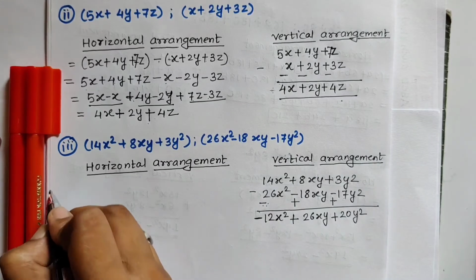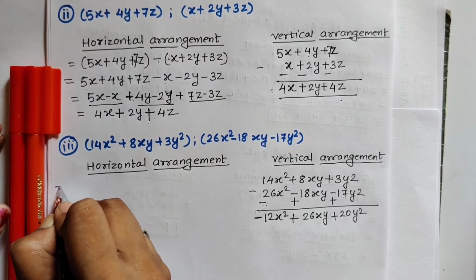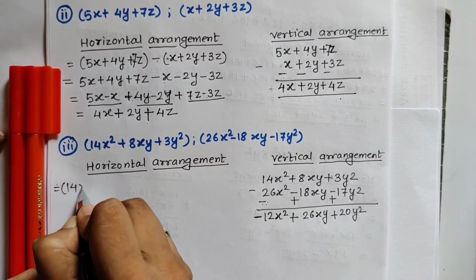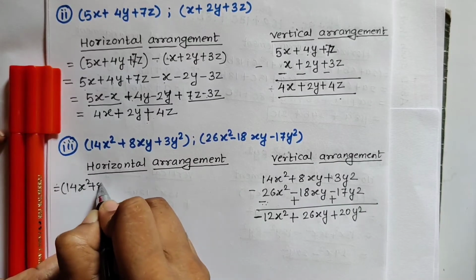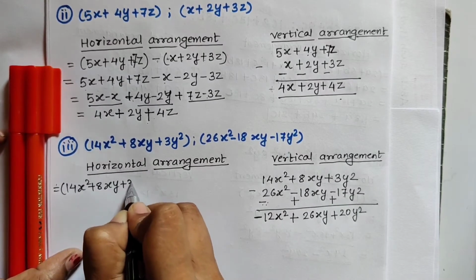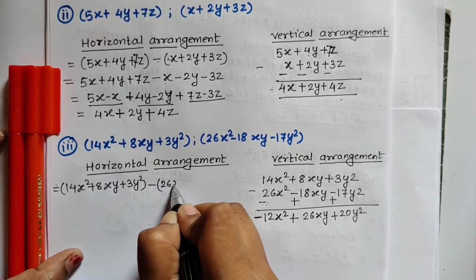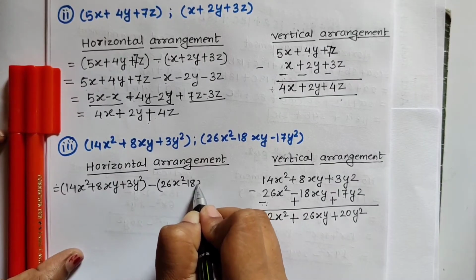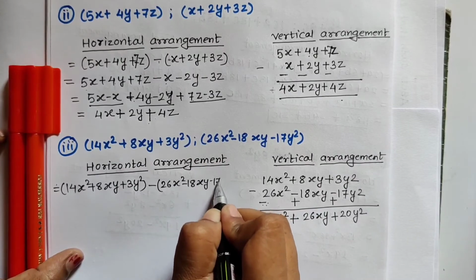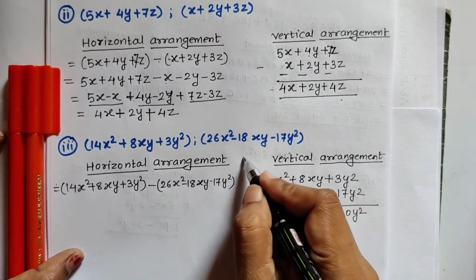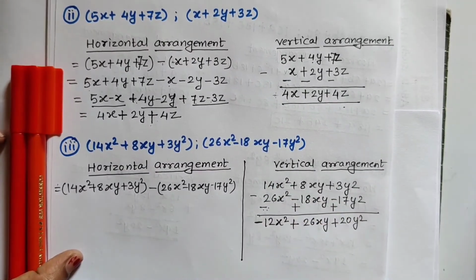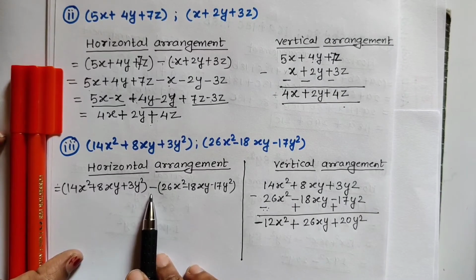Now do it in the horizontal arrangement. We write both the brackets first. We put the minus sign between two brackets. Okay. So first I have written the brackets. I have put the minus sign between two brackets.